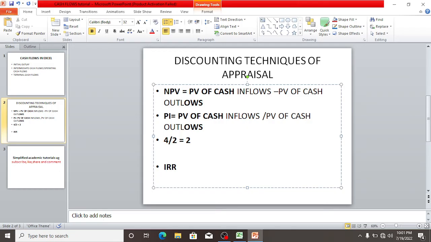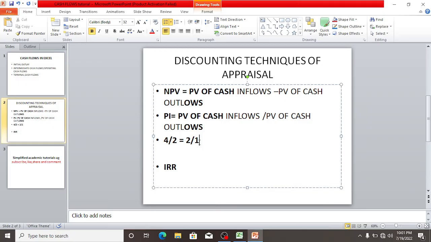It shows that cash inflows are greater than cash outflows. So this is the ratio 2 to 1, meaning the cash inflows are greater than cash outflows.